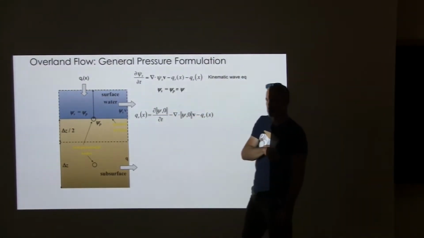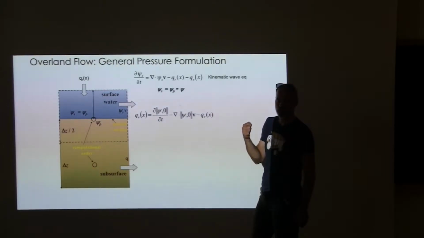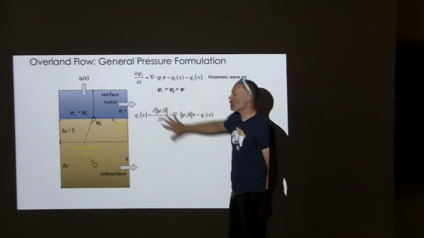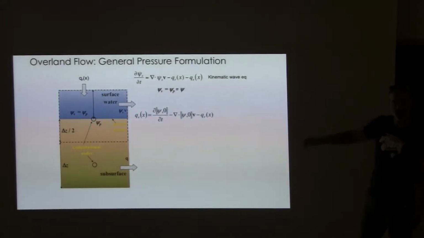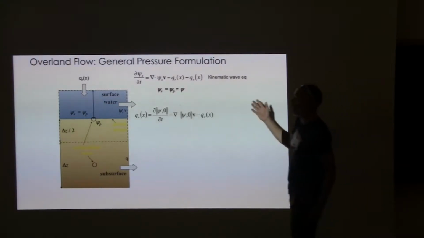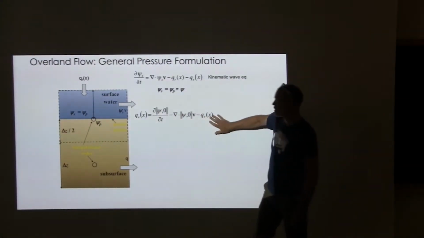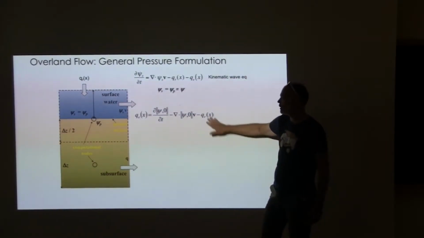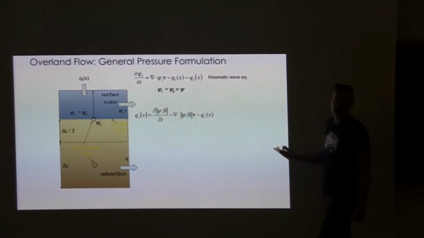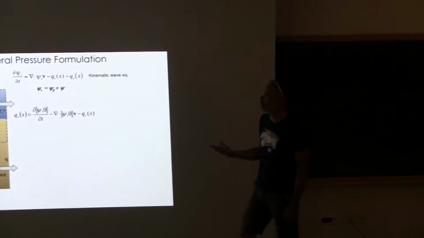So if our pressure is less than 0, we should have unsaturated conditions. And that means that we shouldn't have any overland flow at all. And so these terms need to disappear. So that's why there's the switch between the greater of these and 0. What happens then? Our exchange flux is just our rainfall flux, or ET, or general source sink on the top of the model. We get a general Neumann type boundary condition.